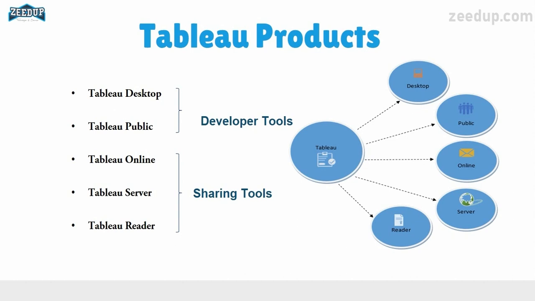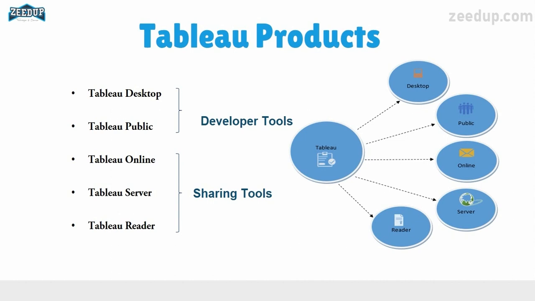The workbooks, dashboards or reports that are created can be shared either locally in offline mode, or publicly, or with colleagues through the online mode or the sharing tools. Based on the connectivity to the data sources and the publishing options, Tableau Desktop can be classified into Tableau Desktop Personal or Tableau Desktop Professional.